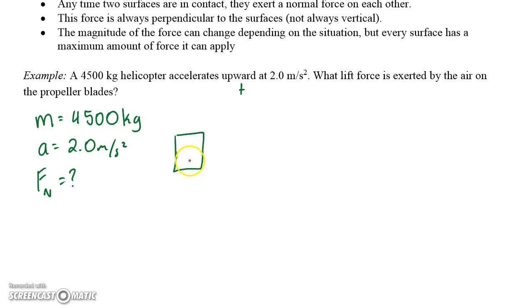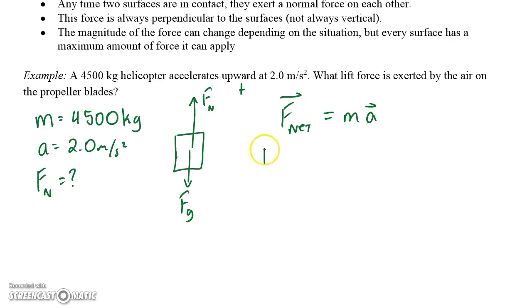So our free body diagram has Fg, the force of gravity on the helicopter, pulling it down, and then we've got the normal force pushing it up because it's applying a force to the air. It's not the force applied, because it's applying a force on the air. The air gives the normal force back to the helicopter. So, starting from the exact same spot, F net equals ma.